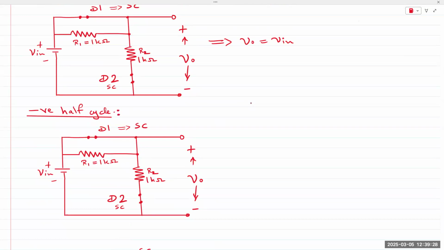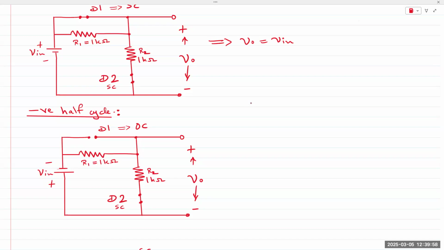Negative half cycle, what happens? Now D1 is open. Then D2 depends on the value of V in.